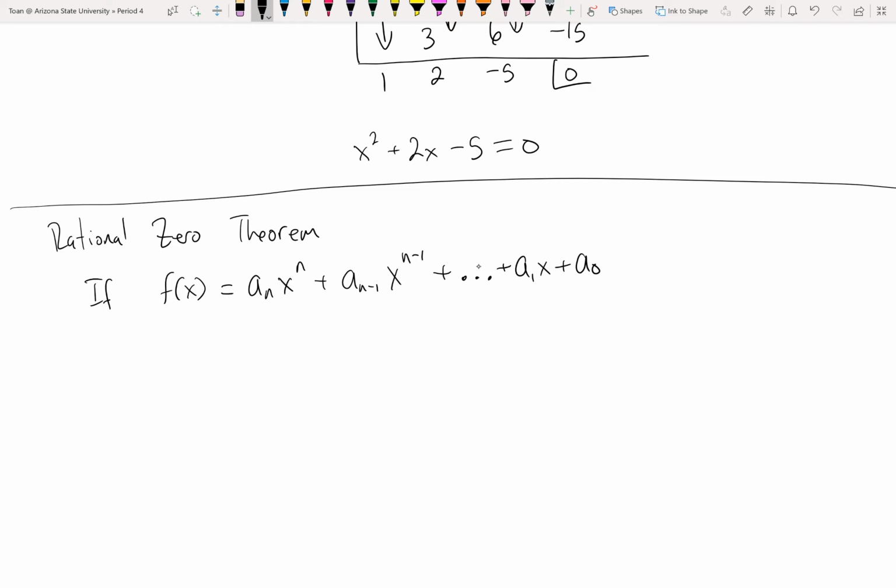If that guy has a rational 0, it will be of the form x equals p over q.